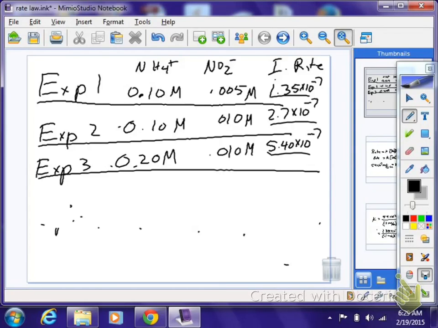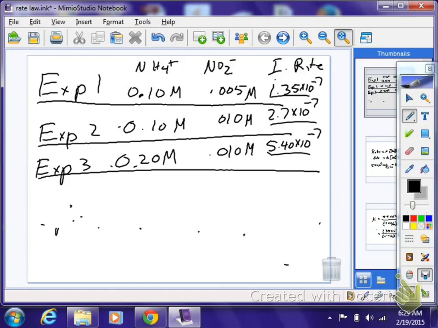We initially looked at finding orders. We said an order of 0 is where there's no change in the rate. So if that was the case in experiment 1 and experiment 2, then the rate would be the same even though there's a change in concentration. And that's not the case in these 3 experiments.